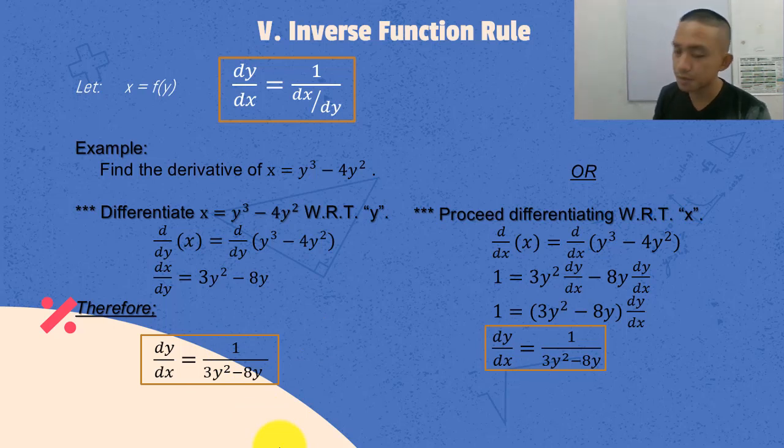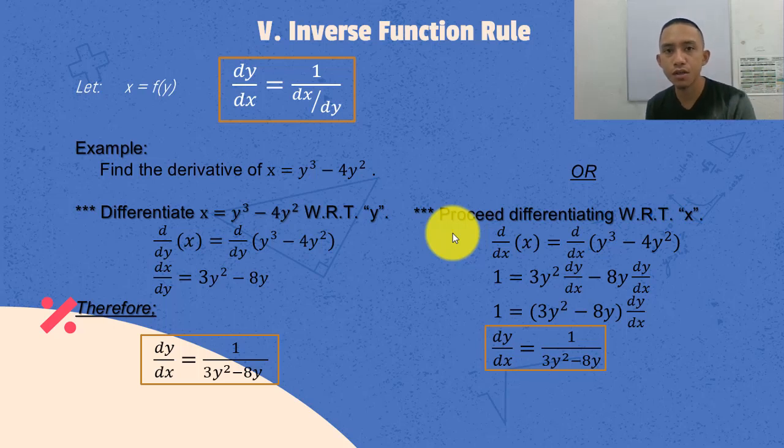We are just presenting this additional rule for you to have an alternative solution if, let's say, your ordinary differentiation will give you a long solution. So we will be giving you these rules as your alternative solution. So that is the inverse function rule.